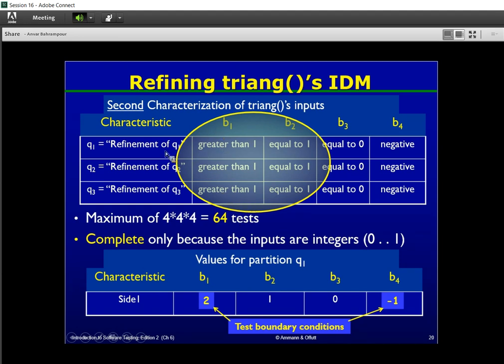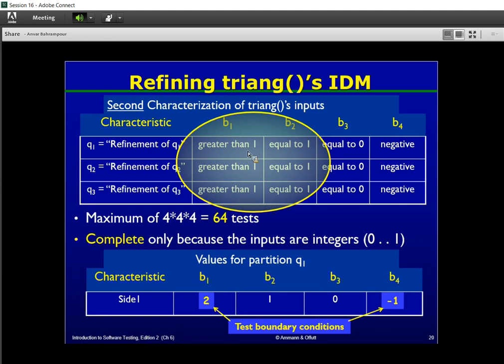In this partitioning, suppose the relationship to the special values 0 and 1 could be two characteristics, and the relationship to 0, negative values, and values greater than 1 are tested in our partitioning model.